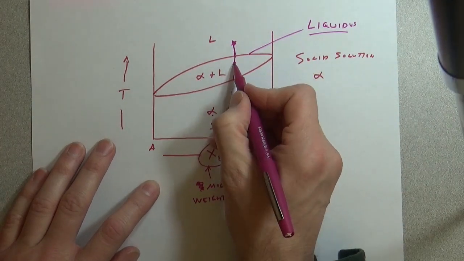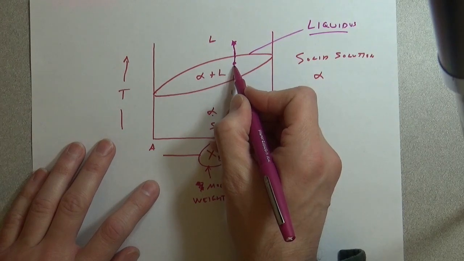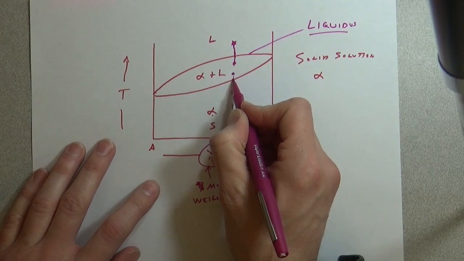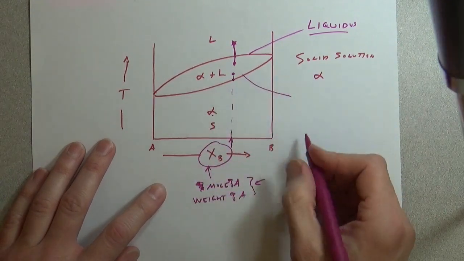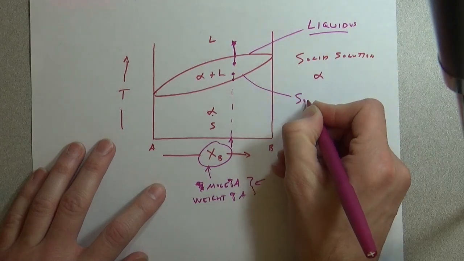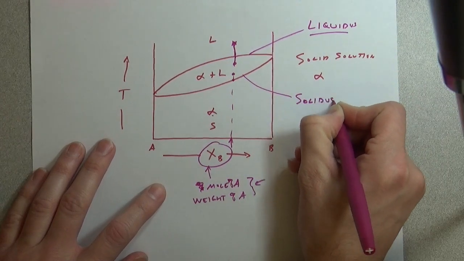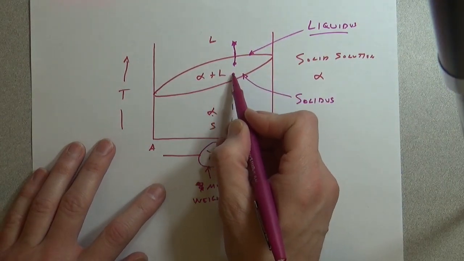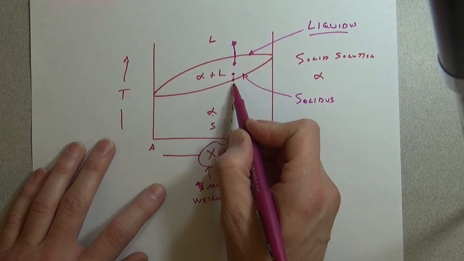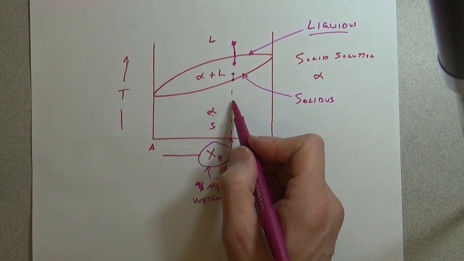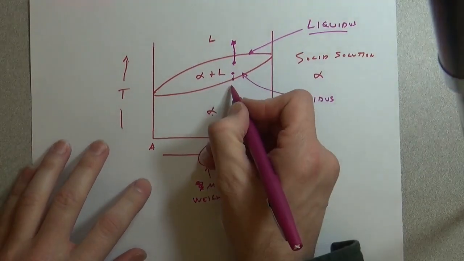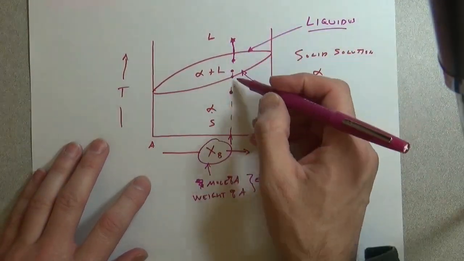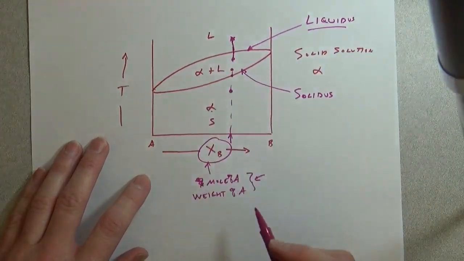In this region, now we have some solid and some liquid. Keep going, still have solid and liquid. And at some point, we touch this line. This line is called the solidus. The solidus line is the place where your liquid disappears, and now we've got all solid. And that's how you can read from a phase diagram and know what phases are present.